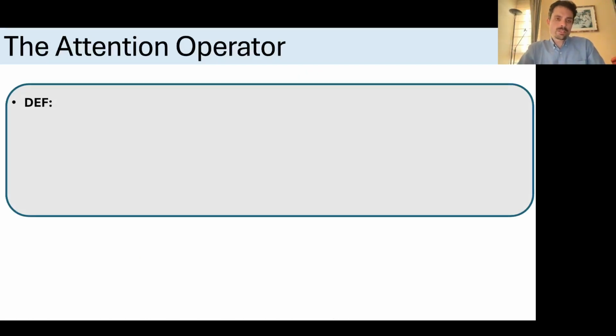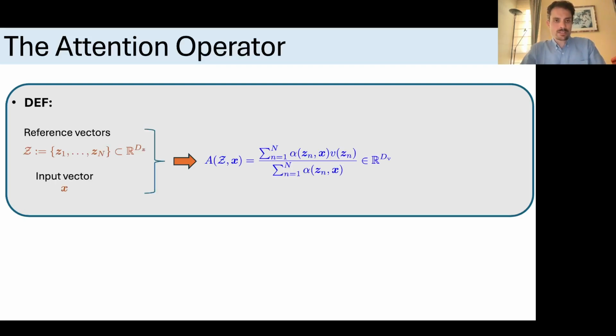So now let me introduce an operator that will allow us to construct a transformer using more basic building blocks. The attention operator takes a set of reference vectors which play the role of the observations in the function estimation problem that we saw.